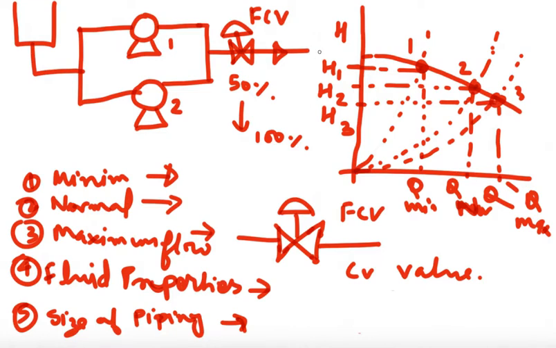But our head requirement at the discharge where we are sending it is fixed. So that means at minimum flow it is delivering high head, but our head requirement is the same, and at minimum flow the pressure drop in the system will also be less. So at that time available delta P is higher.